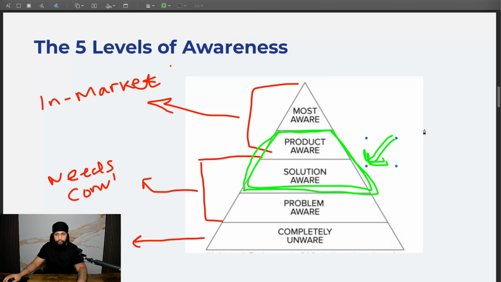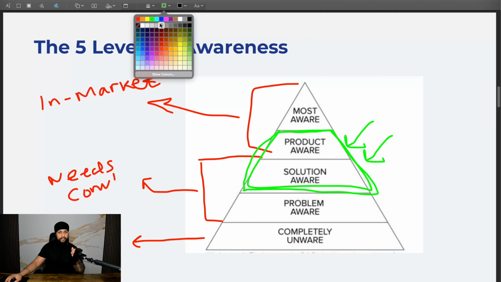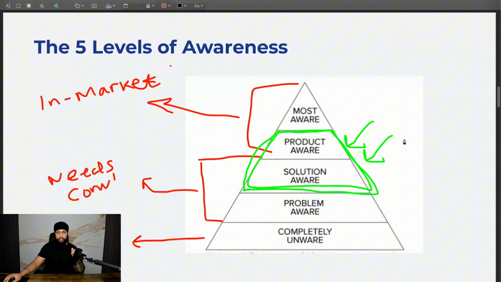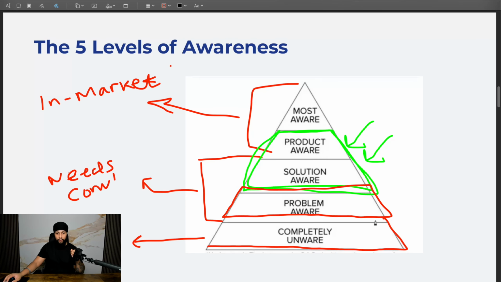However, what you need to know is that when you are going after these people, this is where you get the highest ROI, but you will hit a ceiling. And when you do hit a ceiling, you're going to be forced to go from product and solution aware. You're going to be forced into the problem aware demographic of people, and then you'll be forced into the completely unaware market segment of people.